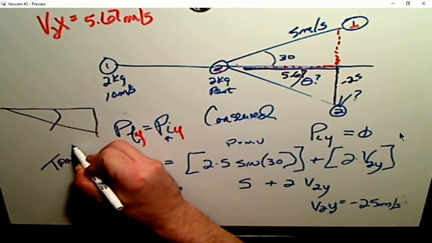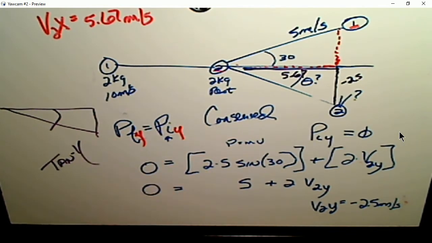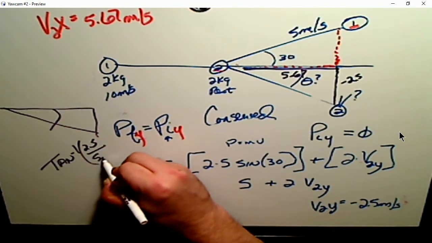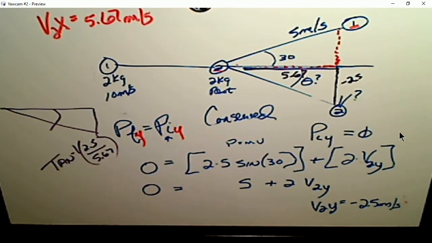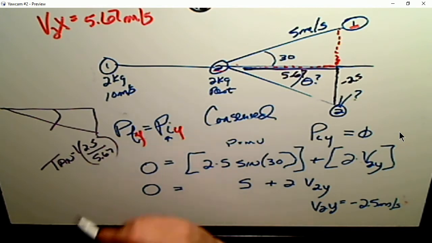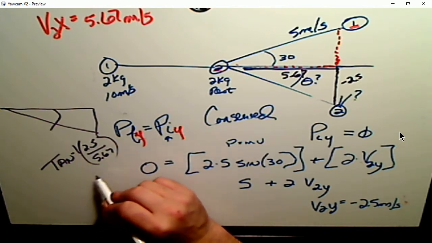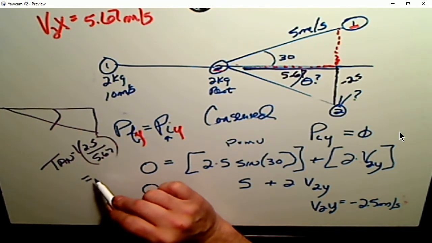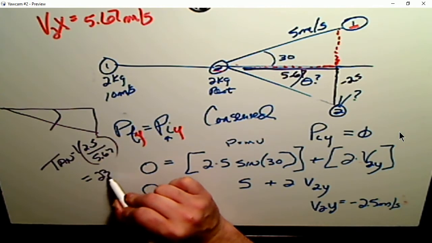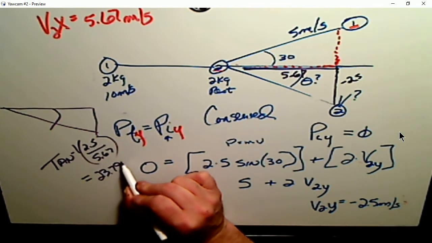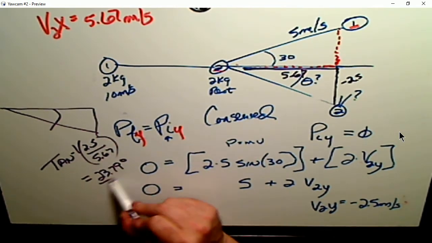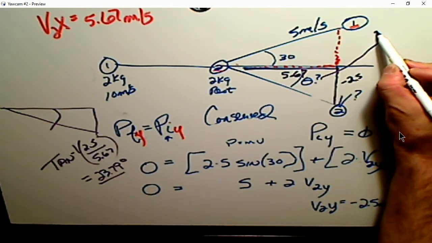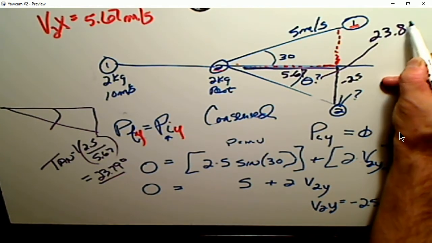Tan inverse of 2.5 over 5.67. The angle being, I'll let you calculate it too, you should get 23.79 approximately, 23.8 degrees. So the answer to the question here, let's go with 23.8 degrees.